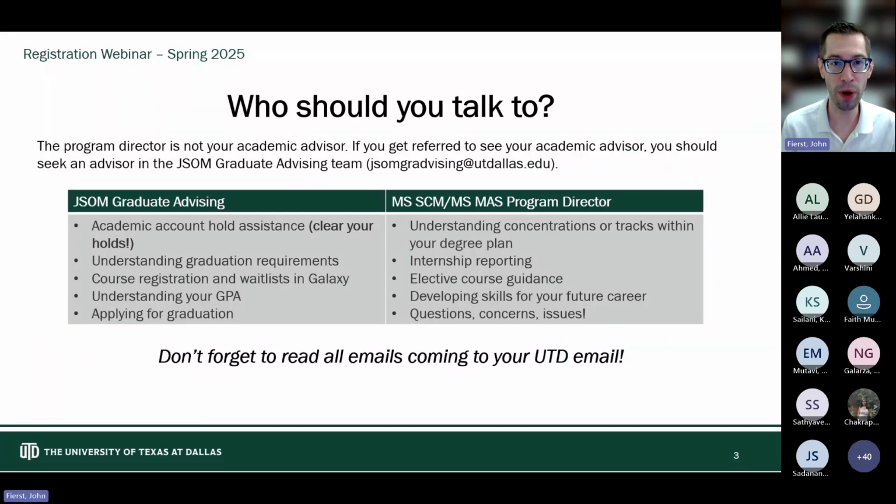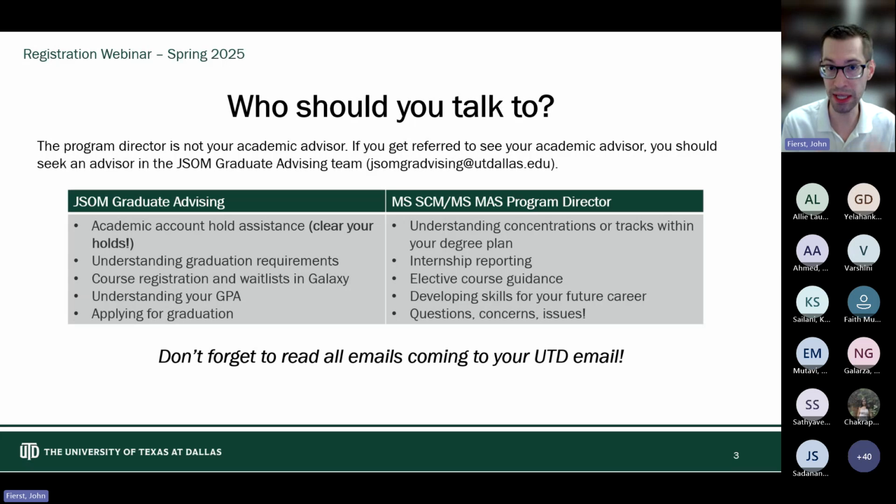Okay, I do want to point out the difference between me and advising, because sometimes it can be a little confusing how we work things here. If you get directed to speak to an academic advisor, that is our JSOM graduate advising team, there on the left side of this table.